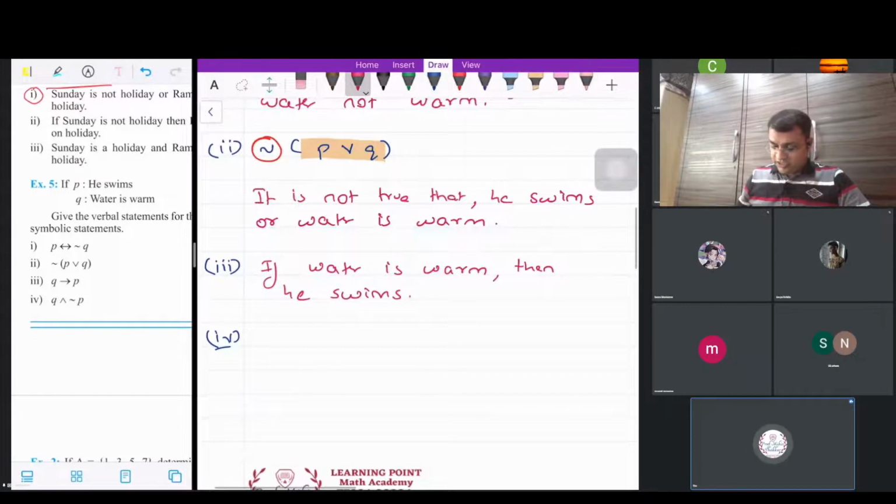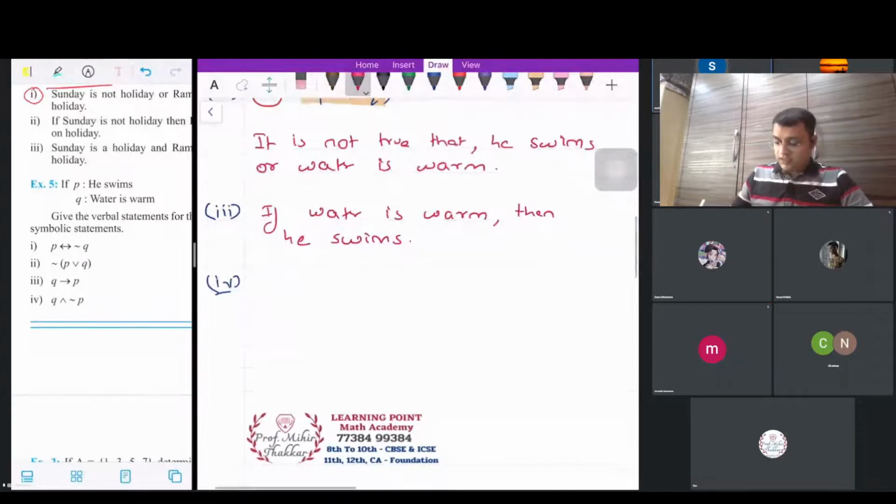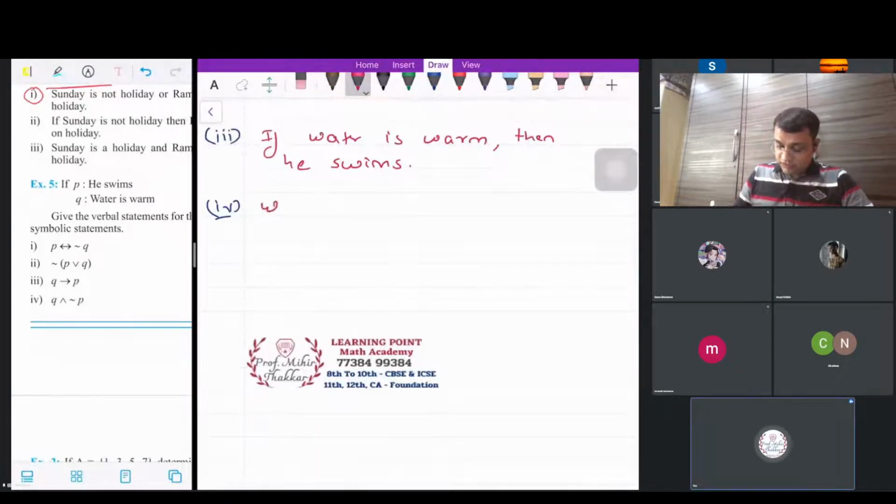P and negation Q. Sorry, Q and negation P. Yes, the last one is water is warm and he does not swim. Both seem to be fine over here.